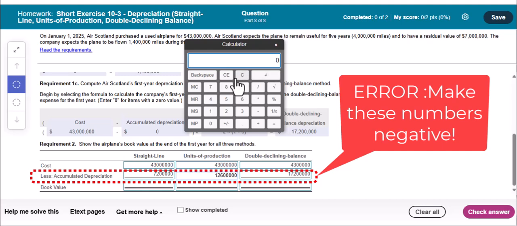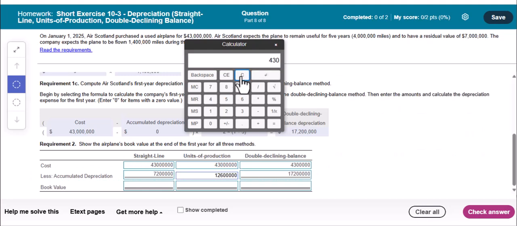So 43 million for the straight line depreciation method here. That's the cost. And then we're going to go ahead and subtract out that depreciation of 7.2 million. And that equals 35,800,000. Go ahead and enter that in.